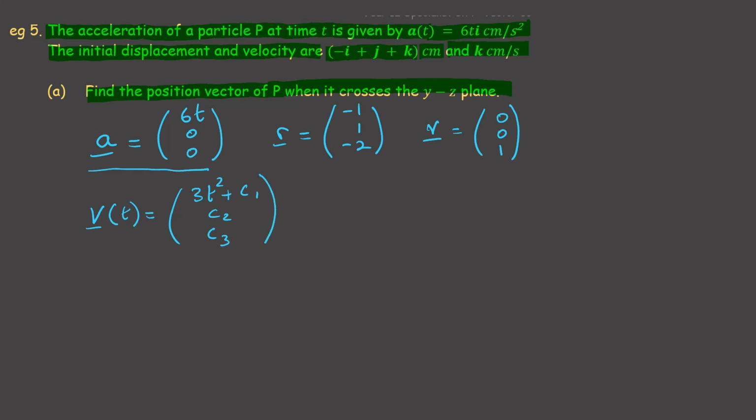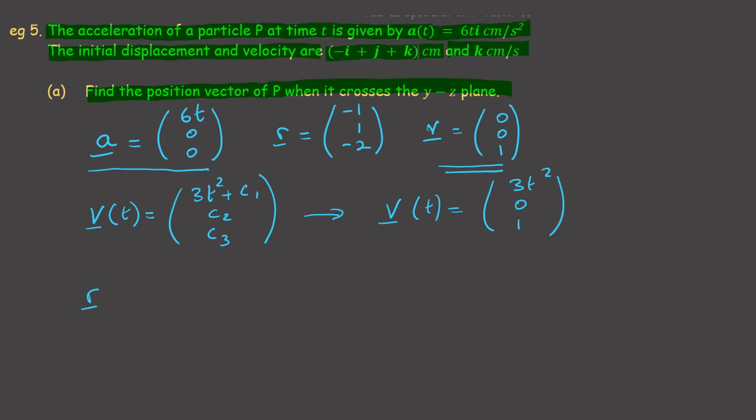And the fact that the initial velocity is (0, 0, 1) tells us that C1 is 0, C2 is 0, and C3 is 1. So that is going to give us that v(t) is (3t squared, 0, 1).